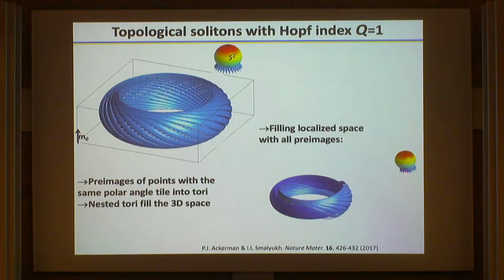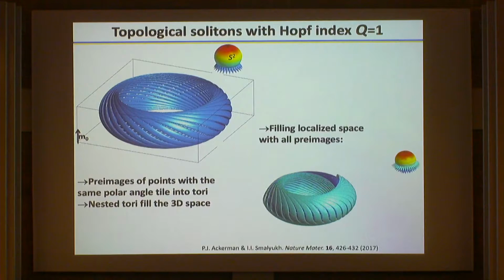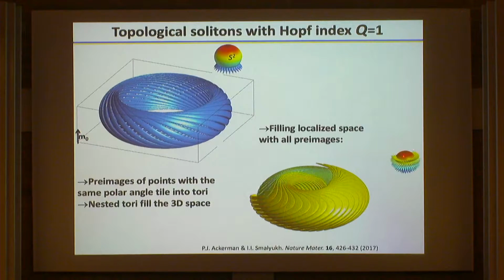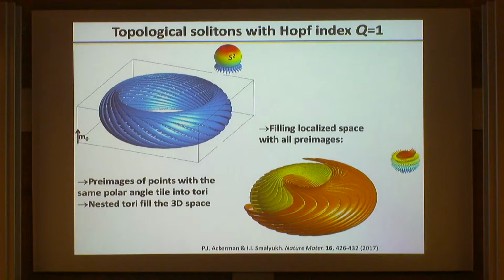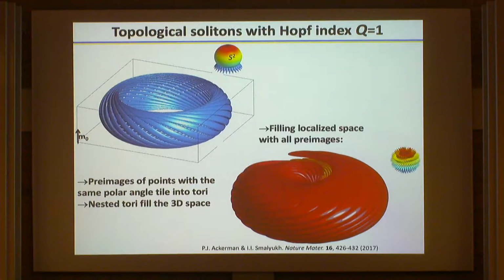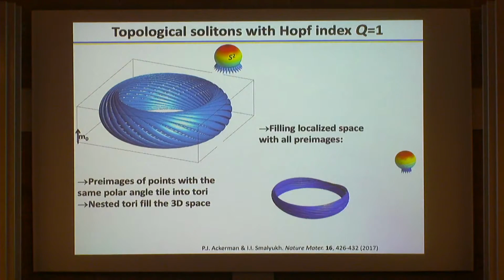If we go smoothly from the south pole of the S2 sphere, we see that as the polar angle increases, for every constant polar angle, we have the pre-images tiling into tori, and then the largest torus that we will get will correspond to the north pole of the S2 sphere that will separate this three-dimensional localized region of the soliton from the uniform far-field background within which this solitonic structure is embedded.